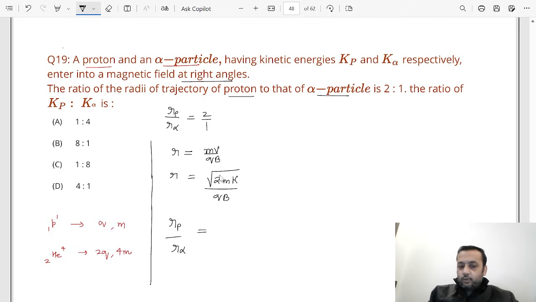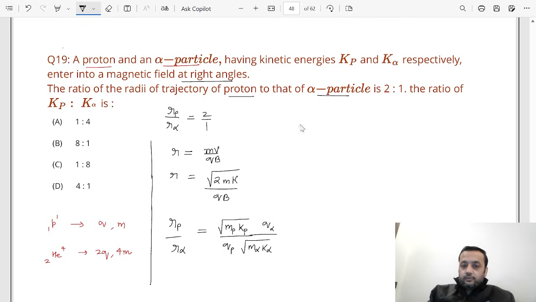So effectively the radius will depend upon mass, kinetic energy and charge. So here you will get under root of mass of proton into kinetic energy of proton upon charge of proton, and this whole thing divided by under root of mass of alpha particle, kinetic energy of alpha particle upon charge of alpha particle, right?